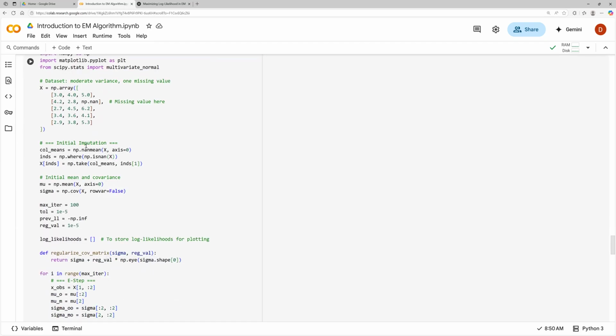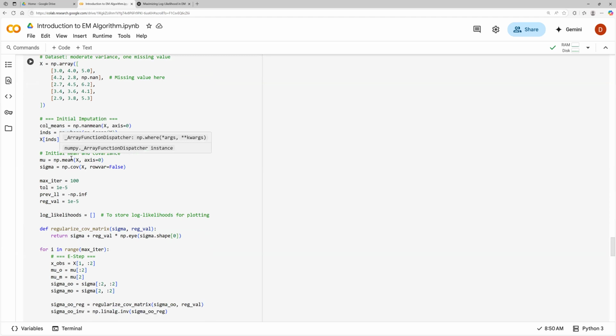Now we do the initial imputation, which I showed you, right, where we fill in the values, okay, where we take the column means and whatnot, and then we fill it in to the matrix, right? Then we take the initial mean and the covariance matrix, which we did.